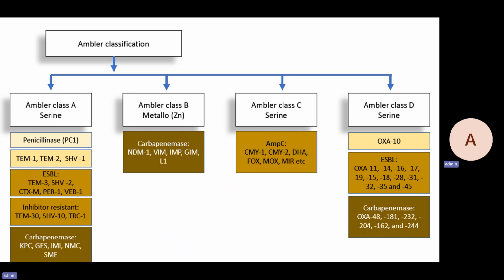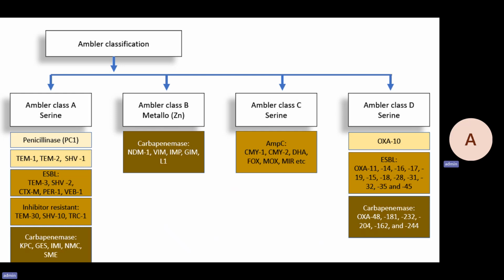Now, class A and class D have all sorts of beta-lactamase in them. Penicillinase was narrow spectrum, and then came the broad beta-lactamases like TEM-1, TEM-2, SHV-1, which were able to break down, as I said, amoxicillin, first generation and second generation cephalosporin. But from them evolved the ESBLs, which were able to break down third generation and fourth generation cephalosporins as well.